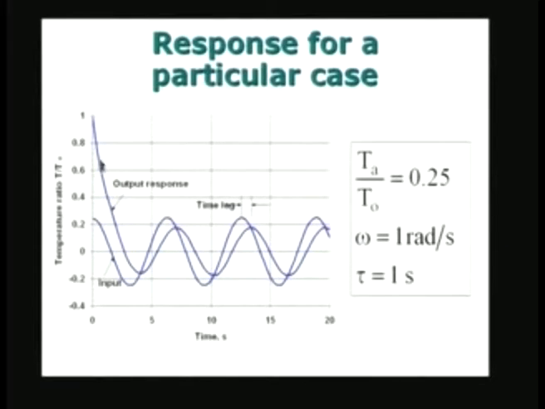And you will see that the variation of the input temperature is according to this relationship. It starts with a value of 0.25 at t equal to 0, and it cycles according to the formula Ta by T naught is equal to 0.25 cos omega t.